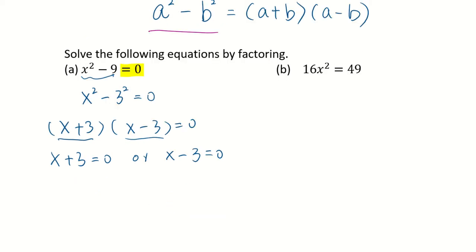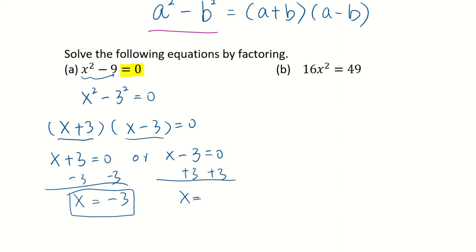Now we'll solve each equation. Subtract 3 on both sides. Either x is equal to negative 3, that's one solution. The other solution is x is equal to 3. So here we have two solutions, positive 3 and negative 3.